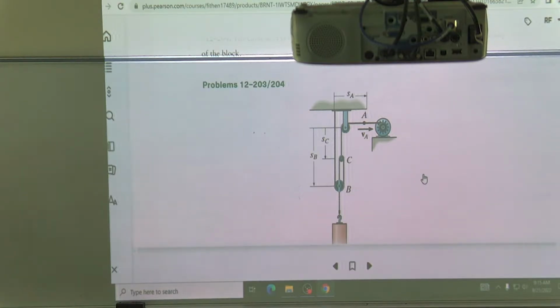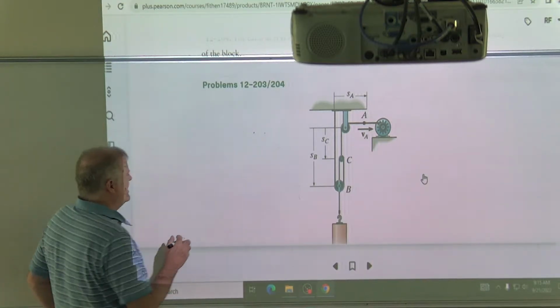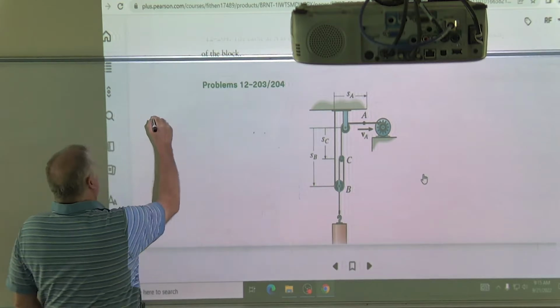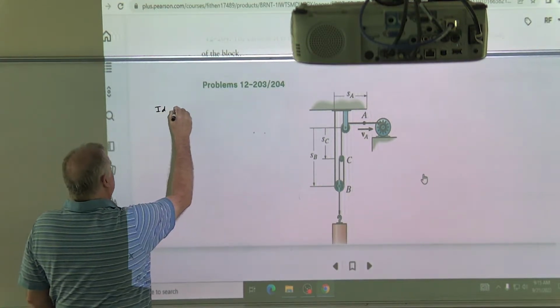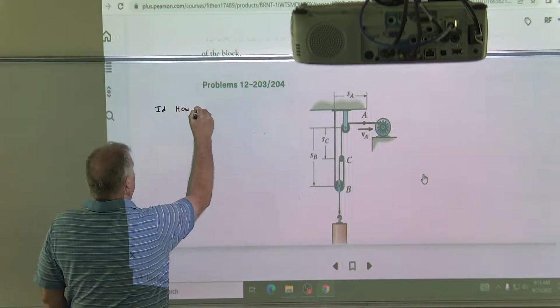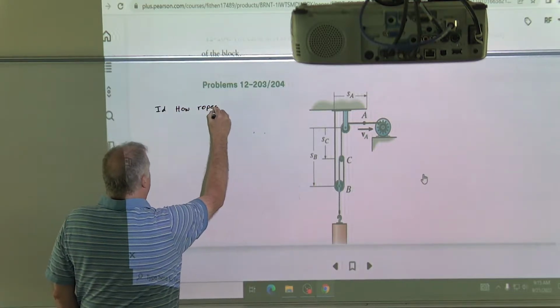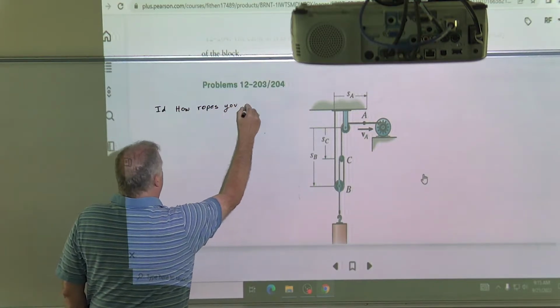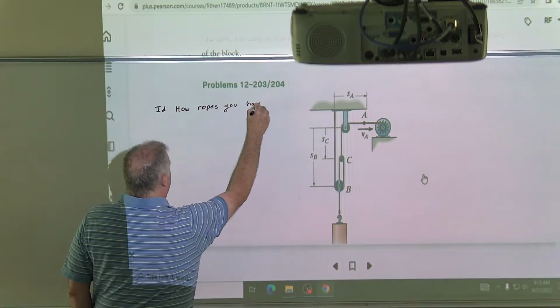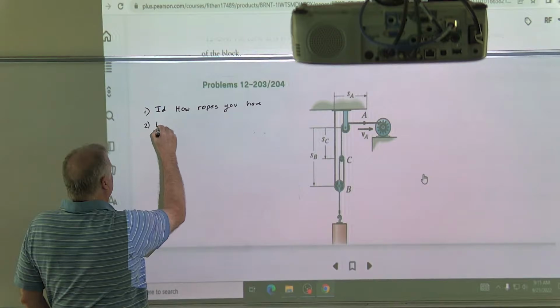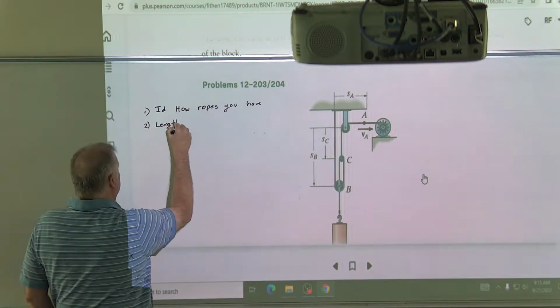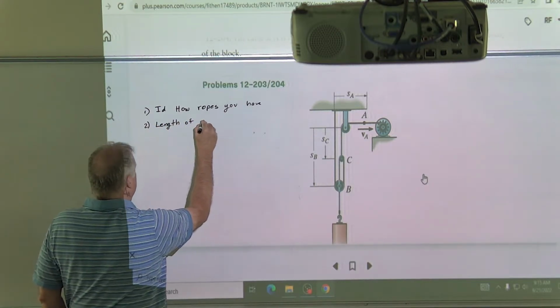These problems may seem overly complex until you do one or two things. First, identify how many ropes you have. The second thing is look at the length of each rope.